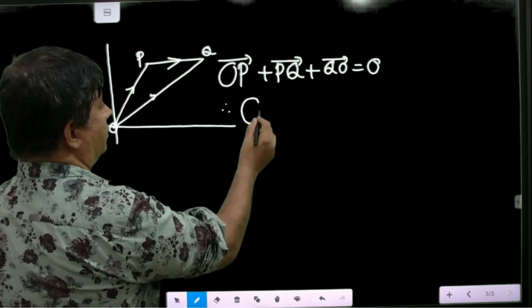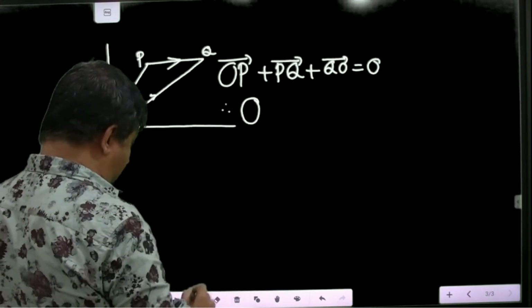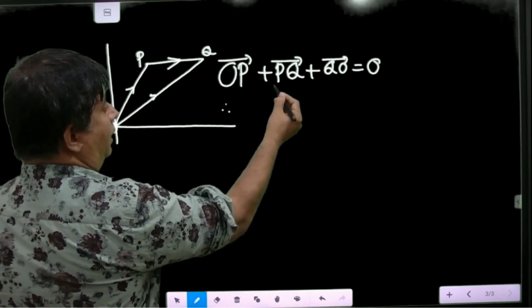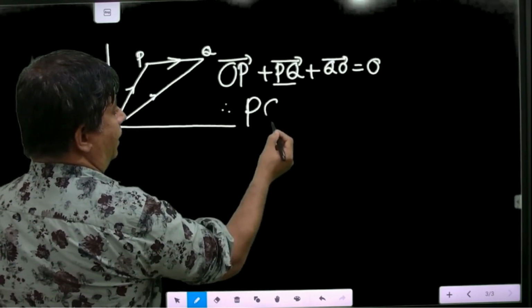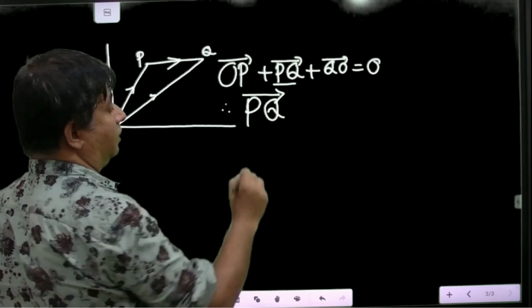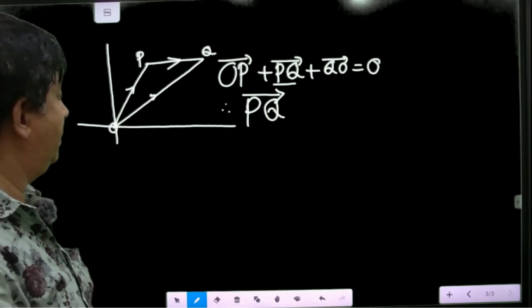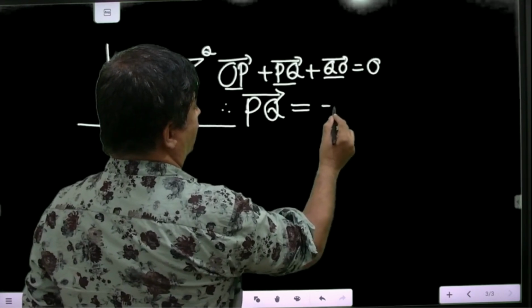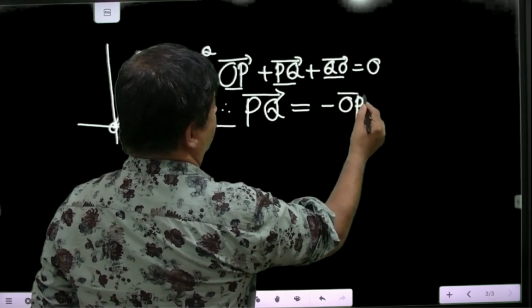Therefore, you do one thing, you keep PQ on the left hand side, and the other two vectors will be shifted to the right hand side.